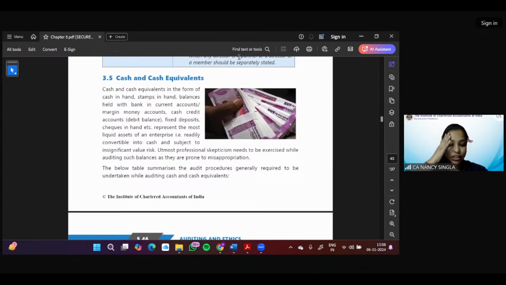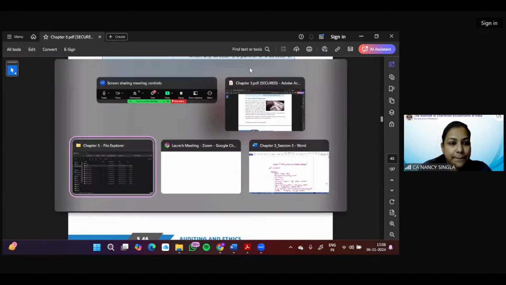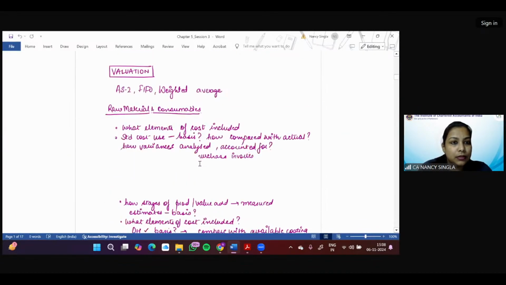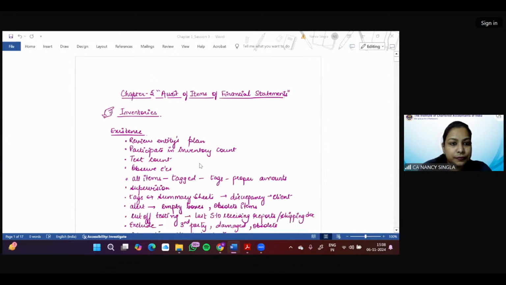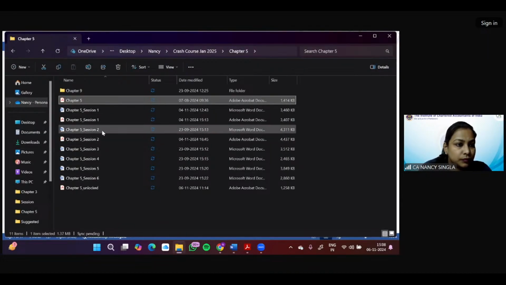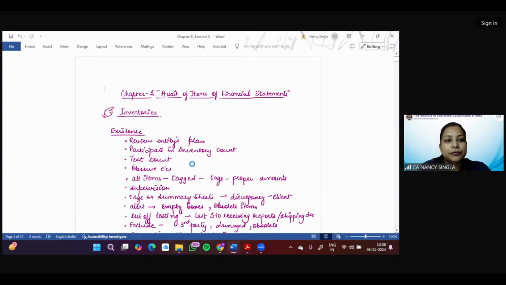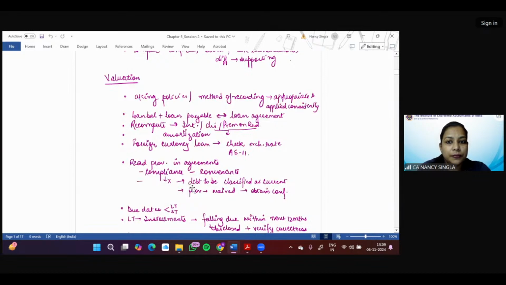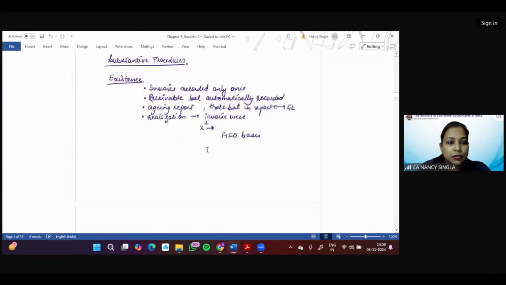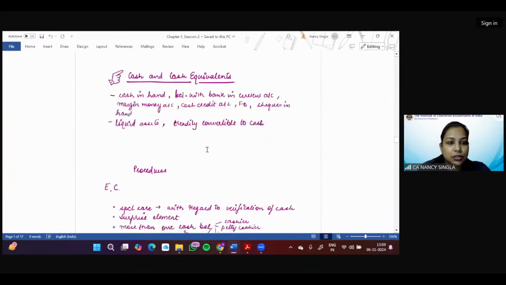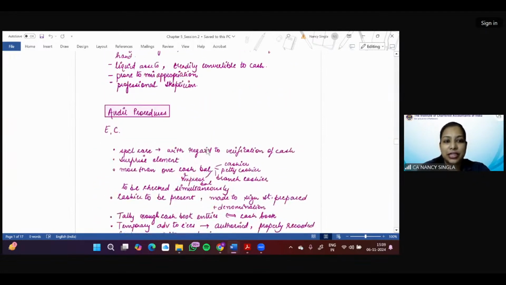Cash and cash equivalents. Yes, with respect to cash and cash equivalents.